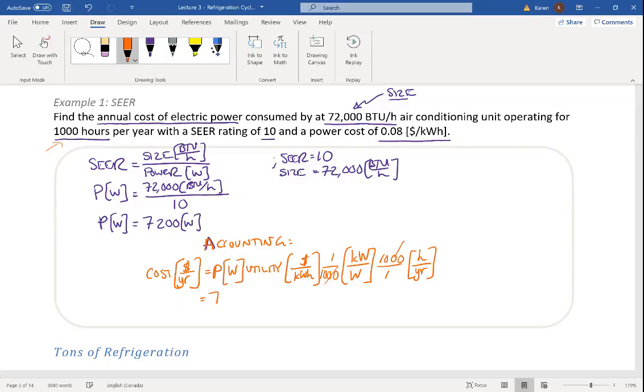So let's substitute in 7,200 watts times 0.08 dollars per kilowatt hour. I'll just carry through my unit conversions here for clarity.